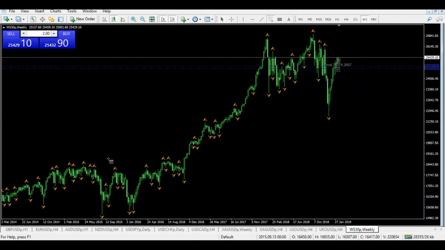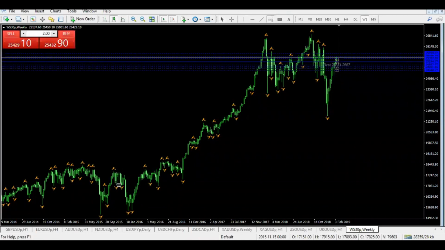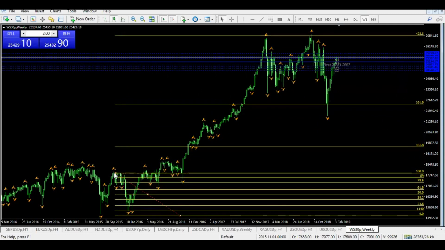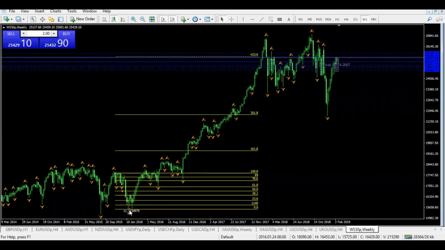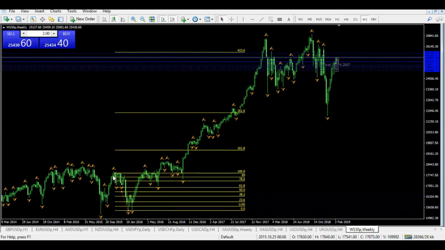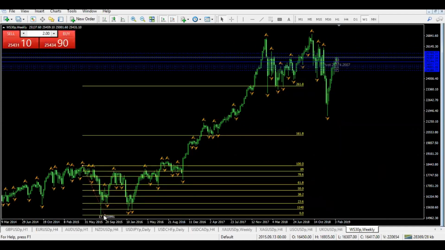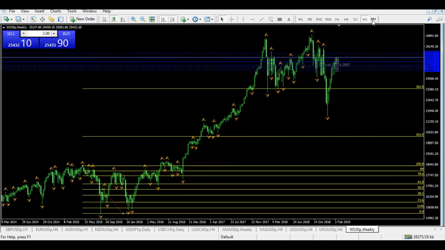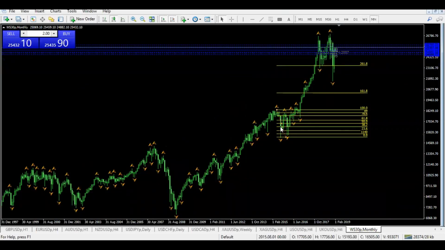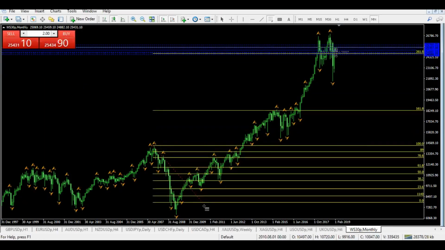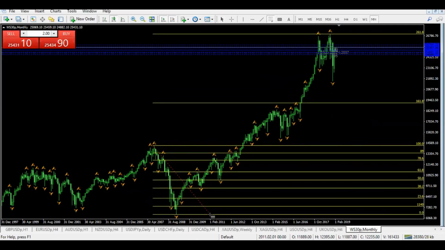Like look, the Fibonacci of Dow Jones was here. Let me pull it up. Look here.